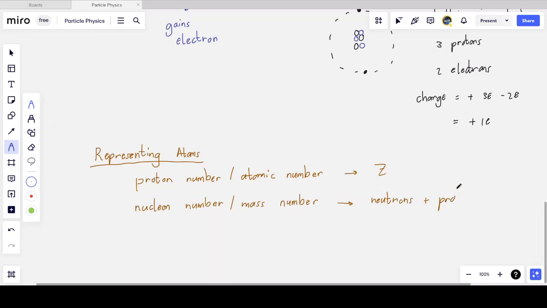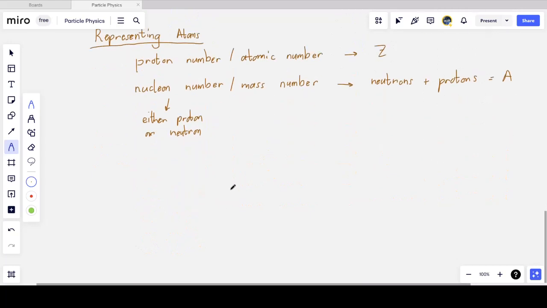So a neutron is a nucleon and a proton is a nucleon. This total number of neutrons plus protons, we give the symbol A. So remember, this nucleon can be either a proton or a neutron.